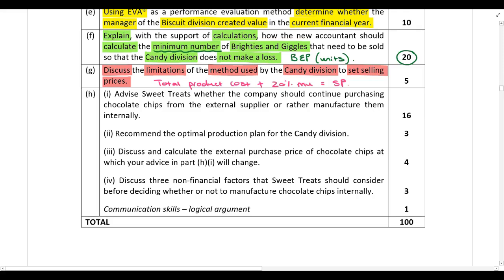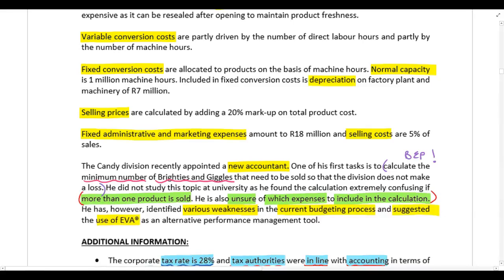Then in addition to that, anything that goes into the total product cost is obviously going to have an impact on the final selling price of the product. So if we go back to the information provided in the scenario, fixed conversion costs are allocated to products on the basis of machine hours.